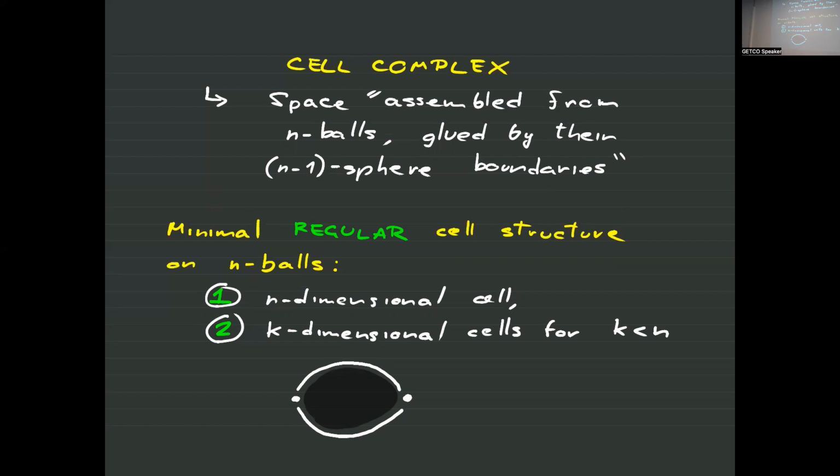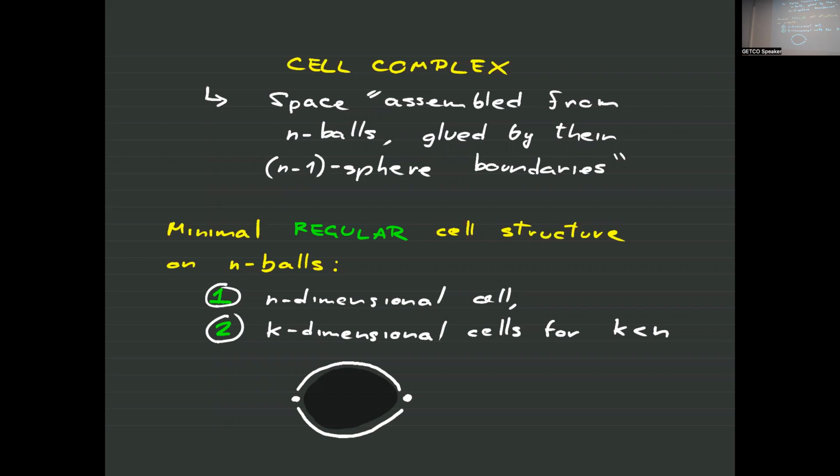And on these balls, on these building blocks, there's a recursive relation between balls of different dimensions, which we can see when we give a ball a minimal regular cell structure, which has on the n-ball a single top-dimensional cell, and then for all dimensions k smaller than the top dimension, we have two k-dimensional cells.